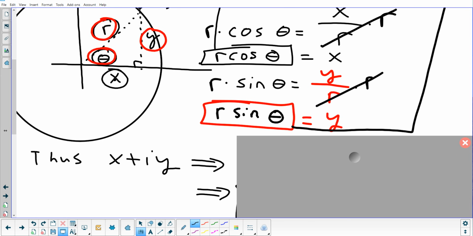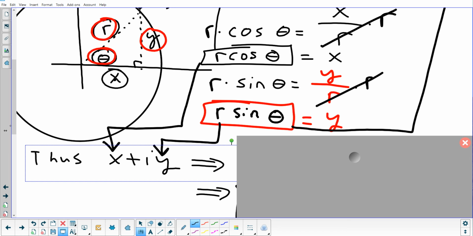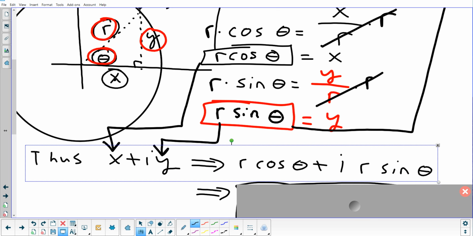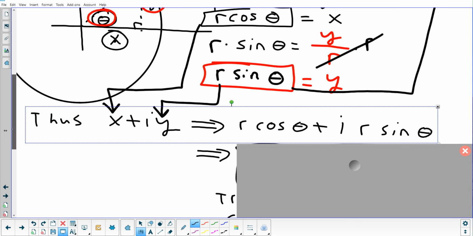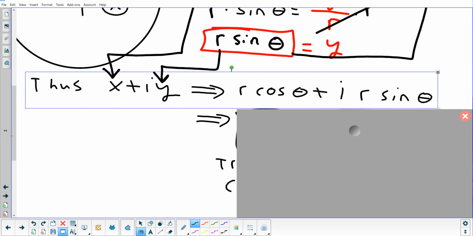So plug in that for x, plug in that for y, and you're going to have r cosine theta plus i r sine theta. Right, so that's basically trig form.